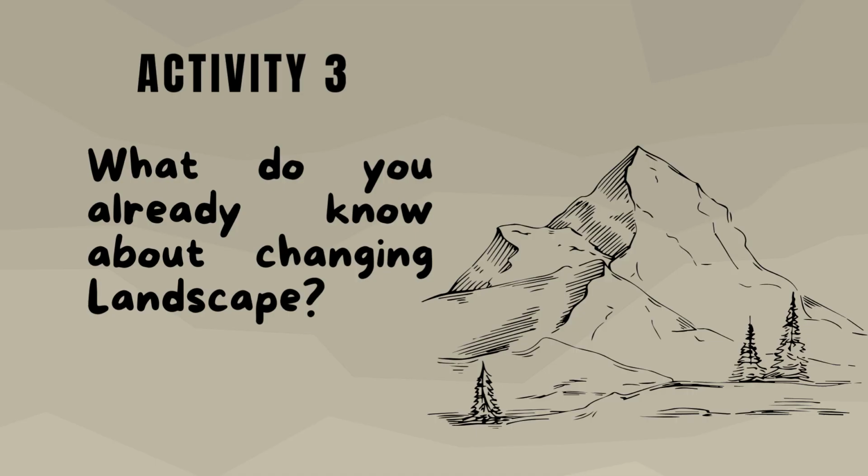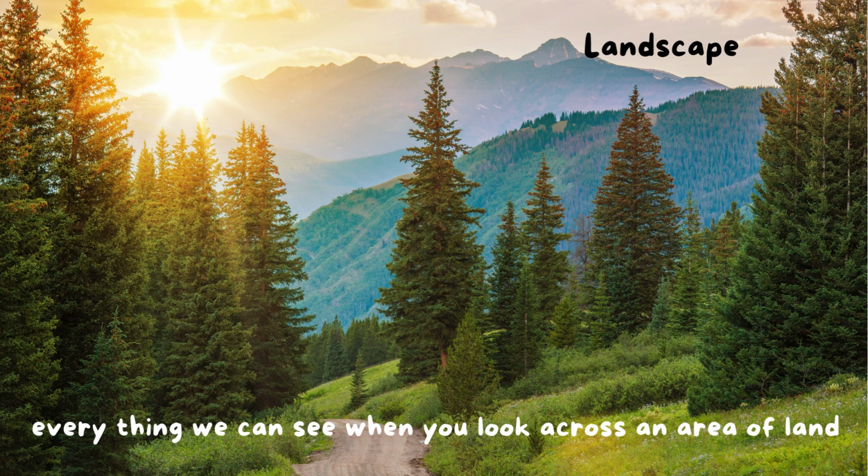Okay, now we will go to activity 8. What do you already know about changing landscape? First, we want to know the meaning of the word landscape. As you see here, we see what? Yes, trees, mountains, maybe a hill, and we also saw grass.